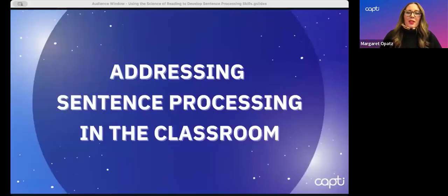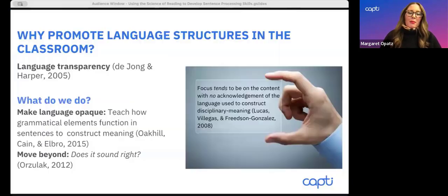So we're going to move into how we can really address sentence processing in the classroom. Before we get into specific examples, I just want to point out that it's really important for us to promote these language structures in the classroom because there's this phrase that DeJong and Harper termed language transparency.